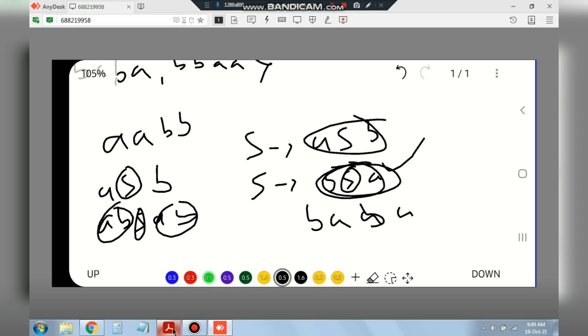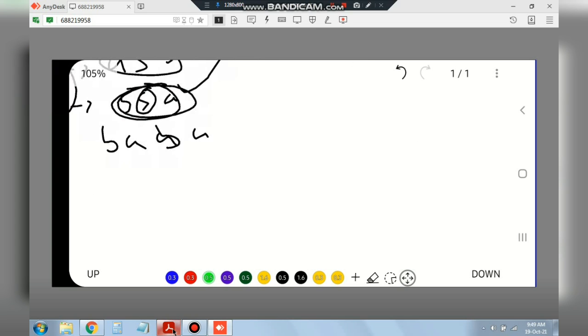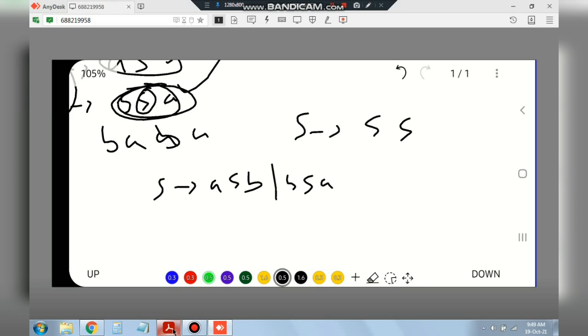Okay. What about the strings AABB? Can we generate them using these two rules? We cannot generate, right? So in that case, what we will do is, we will write here S goes to SS. So S can either be ASB or BSA. Now by using this, can I generate AABB? Let's try.